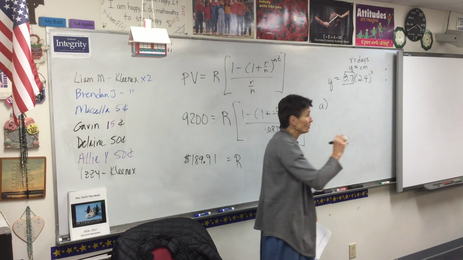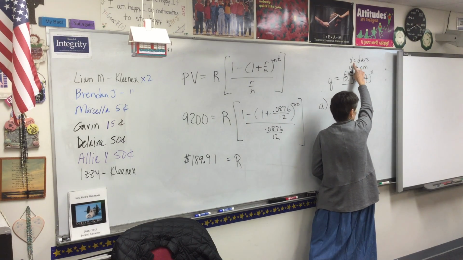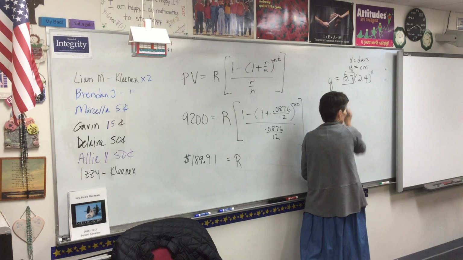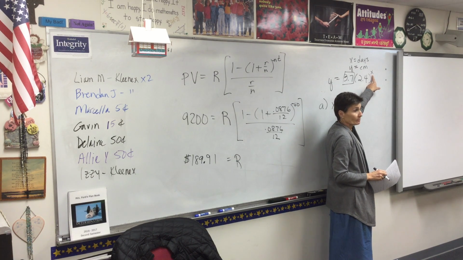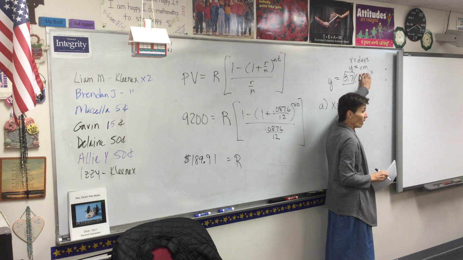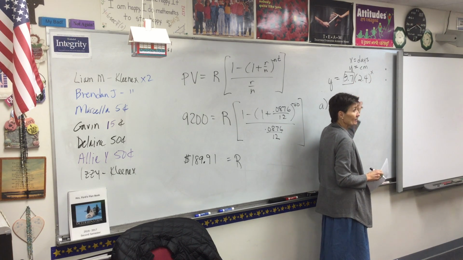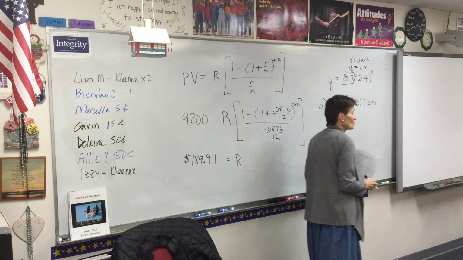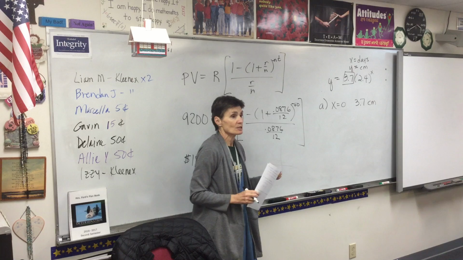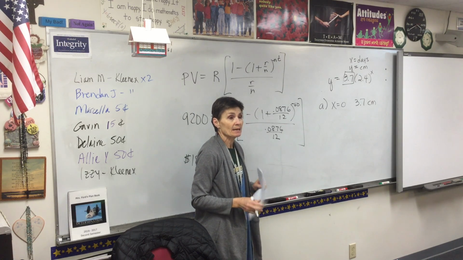But you can also, if it's the initial, that means X is 0. And what happens if you put a 0 there? This is going to be 1 times 3.7, which is 3.7, and that is centimeters. So the initial length of the vine is 3.7 centimeters.